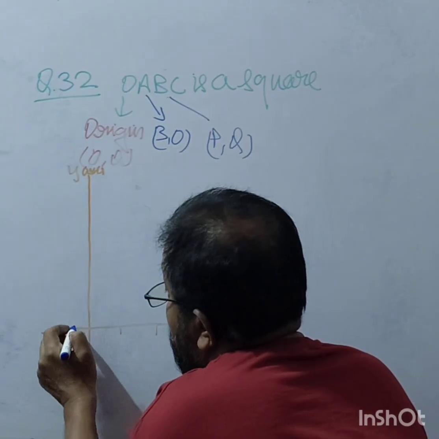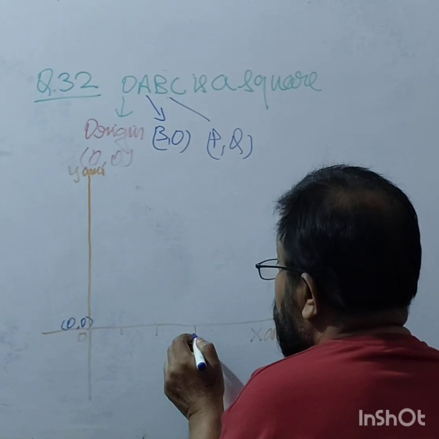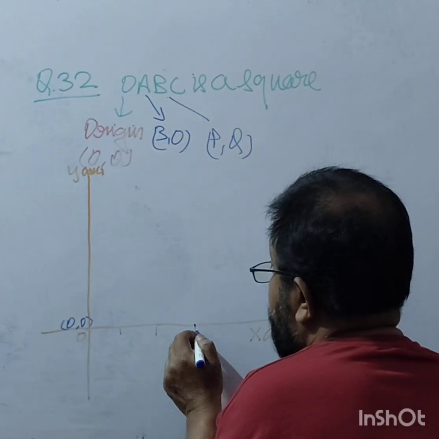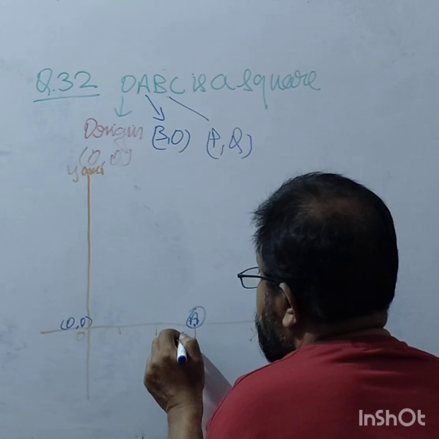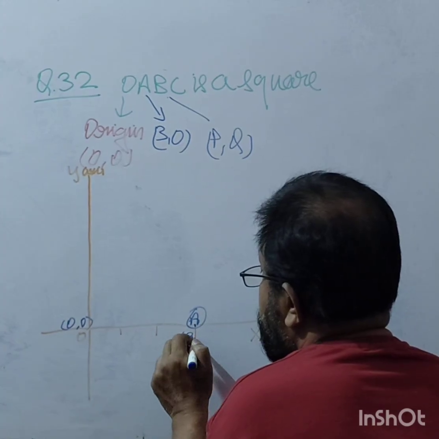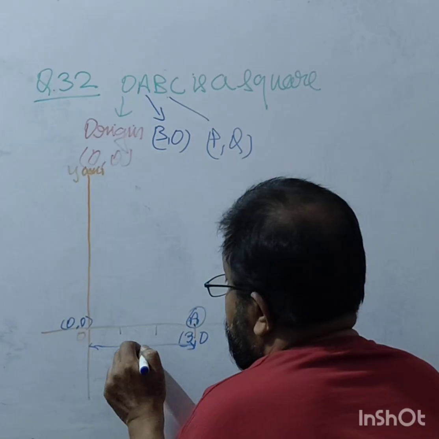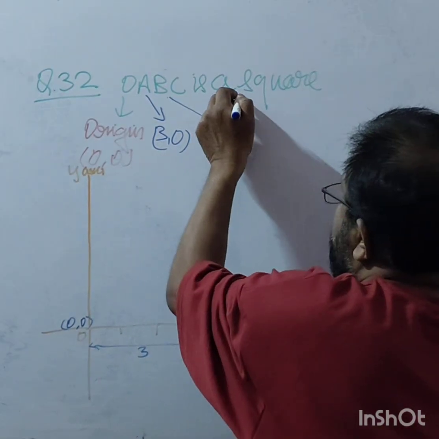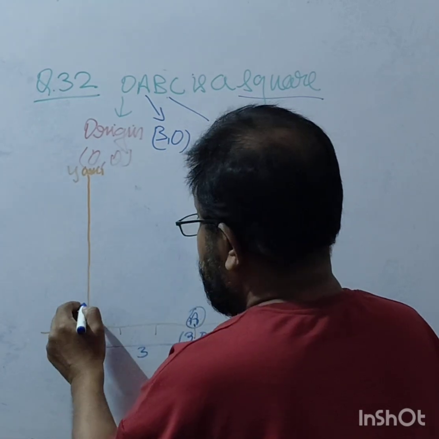This is O, and its coordinate is 0 comma 0. This is A, its coordinate is 3 comma 0. So from here to here the distance is 3, and this is a square, so this will also be 3, right?